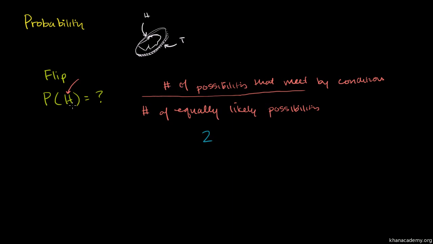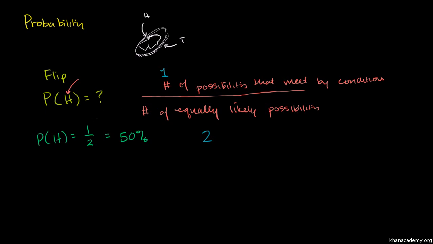Well, there's only one, the condition of heads. So it'll be 1 over 2. So one way to think about it is the probability of getting heads is equal to 1/2. If I wanted to write that as a percentage, we know that 1/2 is the same thing as 50%.